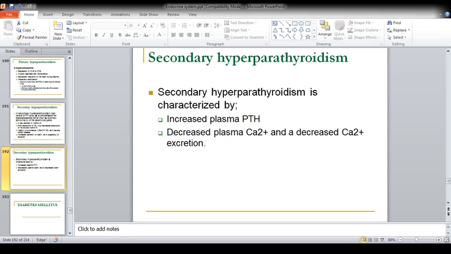Secondary hyperparathyroidism would be characterized by increased plasma parathyroid hormone level, but decreased plasma calcium level and a decreased calcium excretion. In primary hyperparathyroidism, there would be increased plasma parathyroid hormone, increased plasma calcium, whereas in secondary hyperparathyroidism, there would be increased plasma parathyroid hormone but decreased plasma calcium.